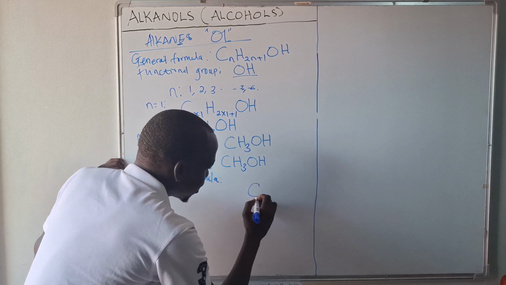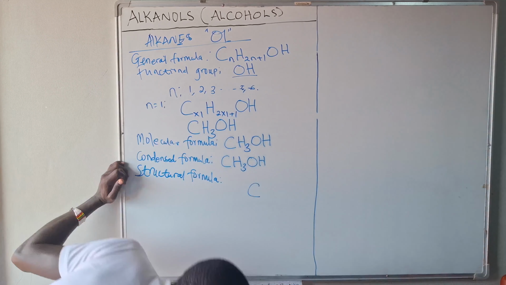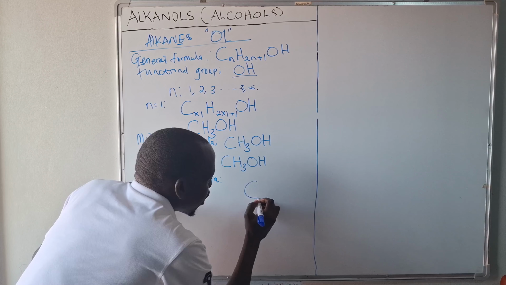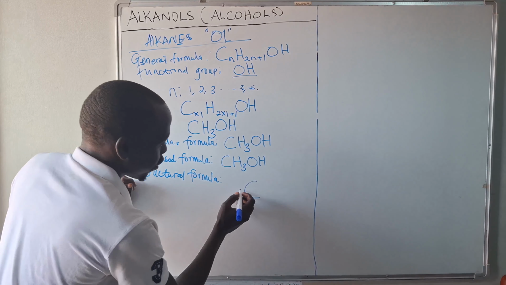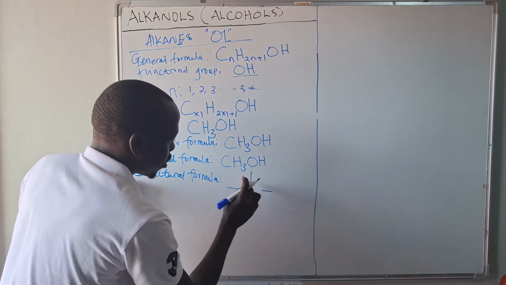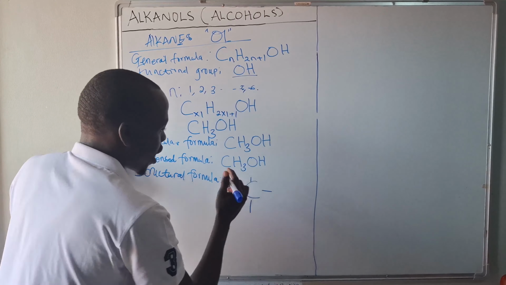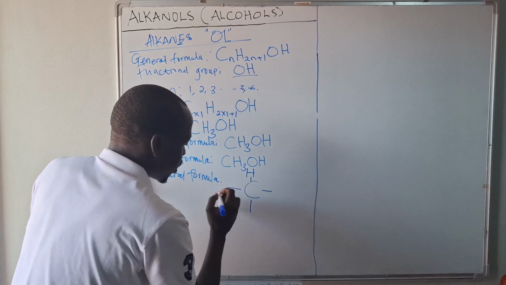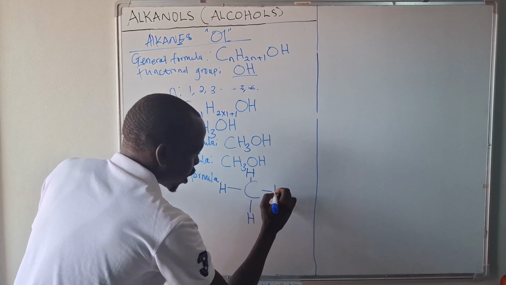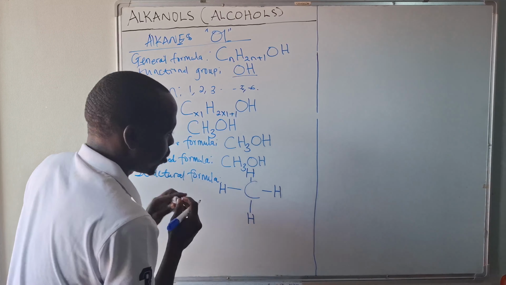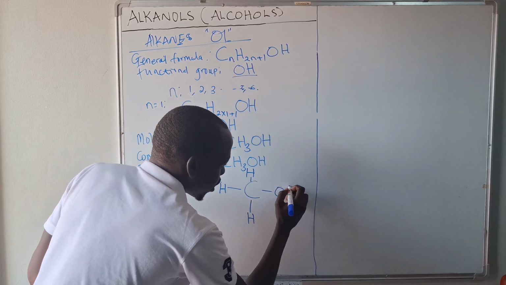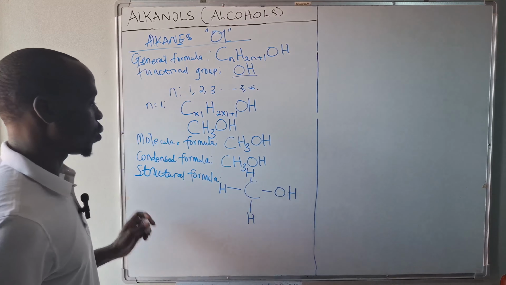We shall have C, and we are saying in organic chemistry this carbon has 4 bonds. So we shall be in a position to have something like this. We shall have our hydrogen atoms here, and we shall have the OH attached to it.